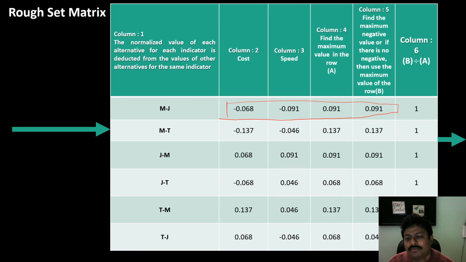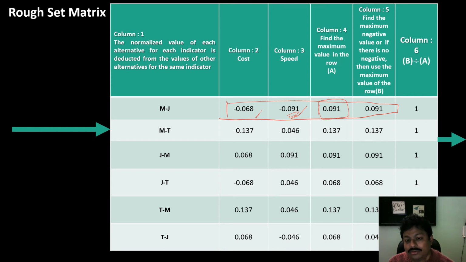The maximum value in this row is 0.091, correct? Now which one is the maximum value within the negative values only? This is the negative value, this is the negative value. Now which one will be the maximum? This one will be the maximum. Always 0.091 is greater than 0.068.